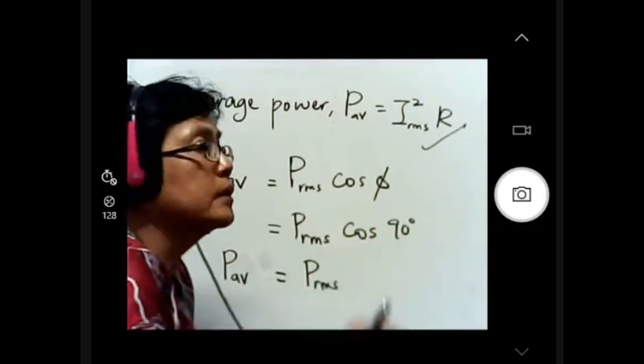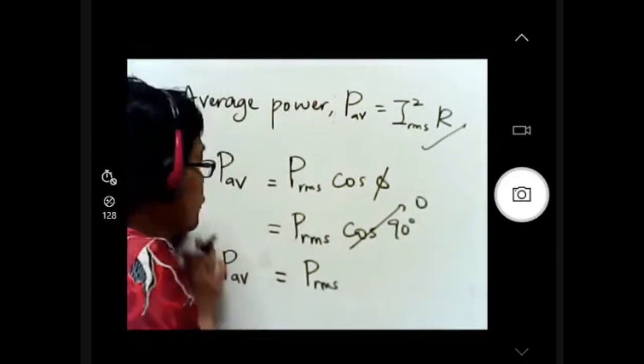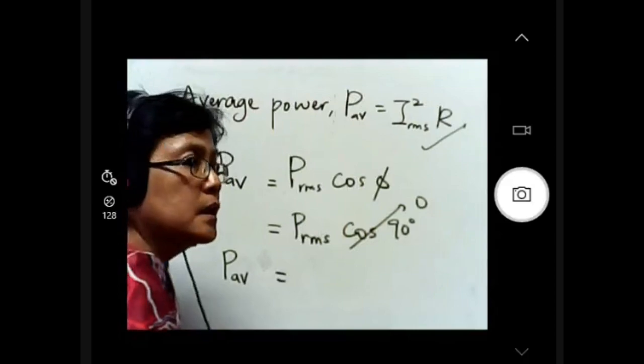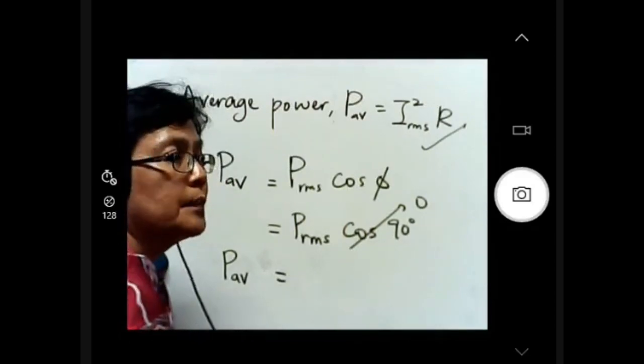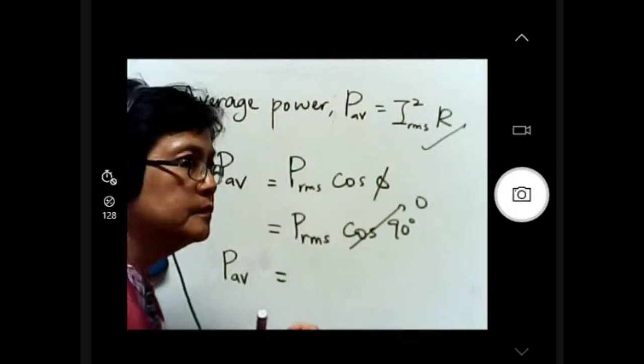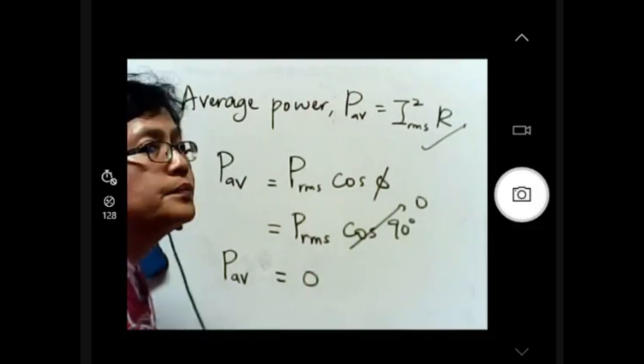So cos 90 degrees is 0. So inductor and capacitor do not dissipate power. They absorb, then they return it back to the circuit. So the average power is 0.